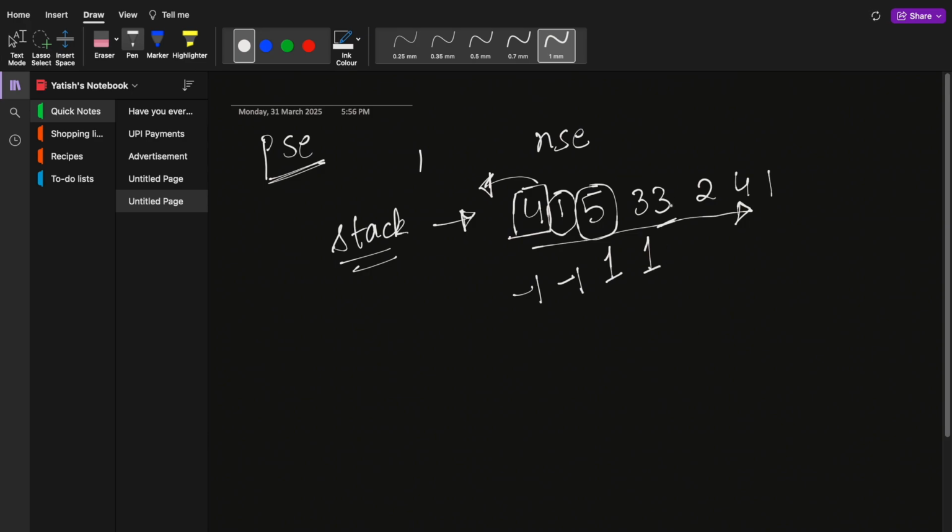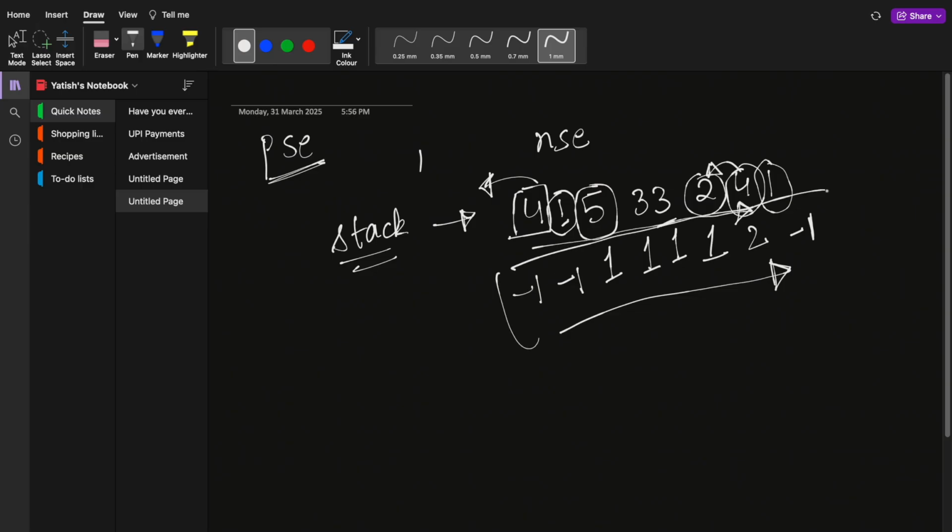For this other 3, the previous smaller element is also the value 1. For 2 we have the same 1. For 4 we have 2. And for the last 1 we don't have any previous smaller element, so that would also be -1. Now we know the values of the previous smaller elements. So how would we use a stack to find this?